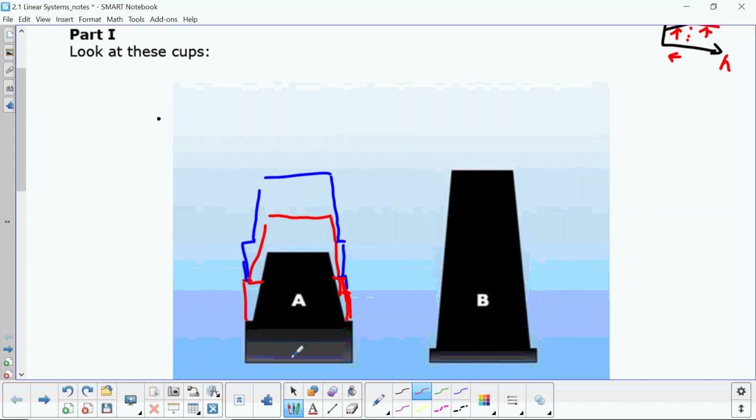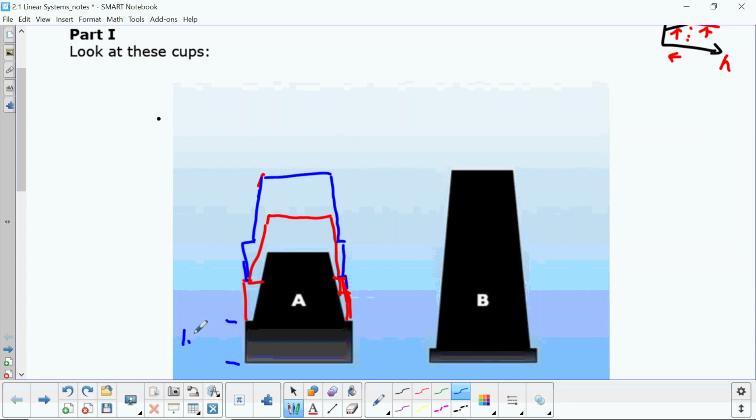And we are going to see how we are going to find the height of the three cups. So we are going to do the measurement of this edge first. And we have done the measurement before, that is 1.3 centimeter.